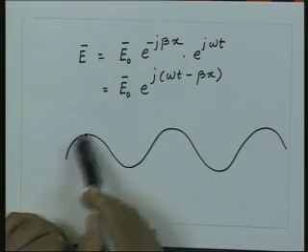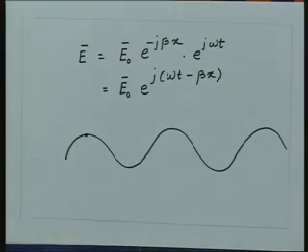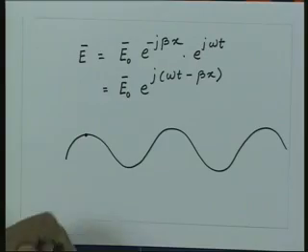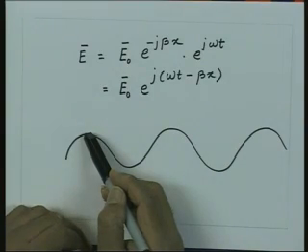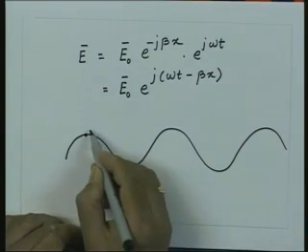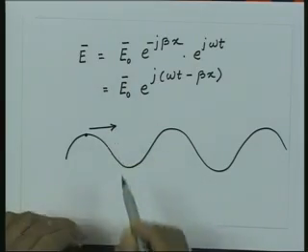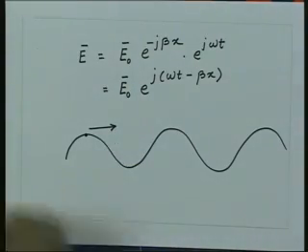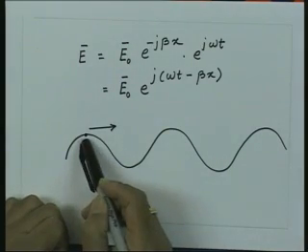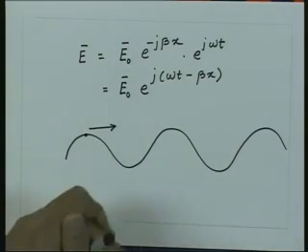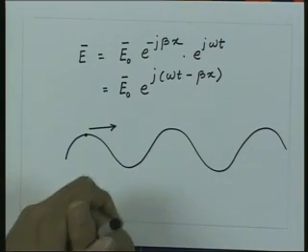Now since the wave is moving, if I have to hold on to a particular phase point, I must move along the wave, then only I will hold on to this point, otherwise the wave will simply move and the phase will change. So an observer has to move along with this wave with the velocity with which the wave is travelling, if he does not want to lose this particular point to which he is holding on.